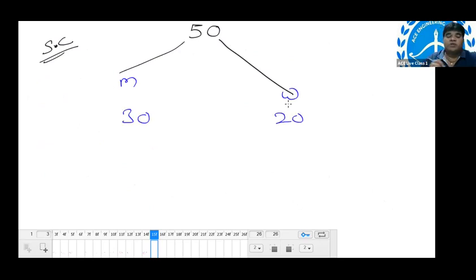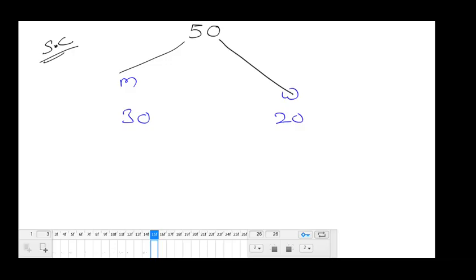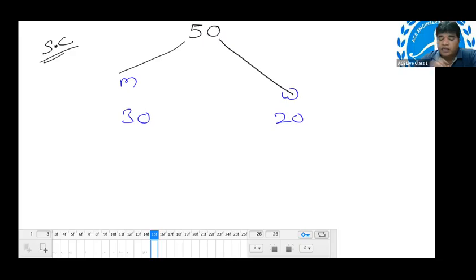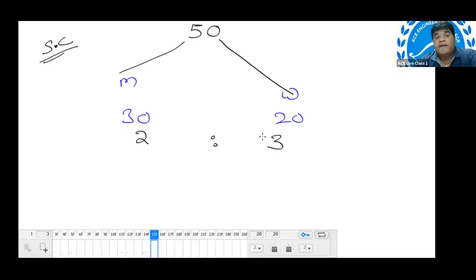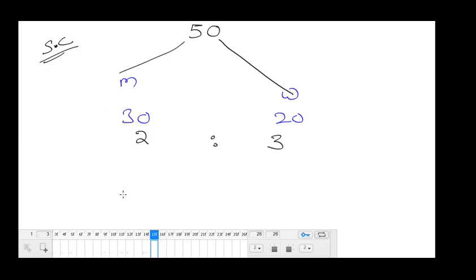What is the requirement ratio? 2:3. In the new ratio after adding the water, the new ratio is 2:3. But between the new ratio and the old ratio, what is the common variable? Milk is the common variable.